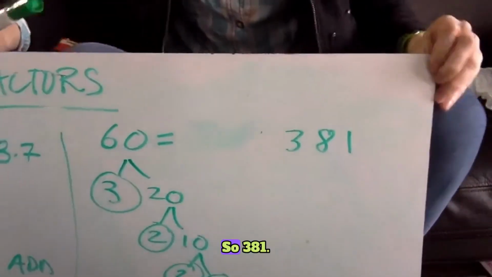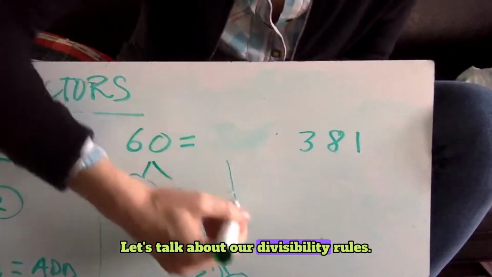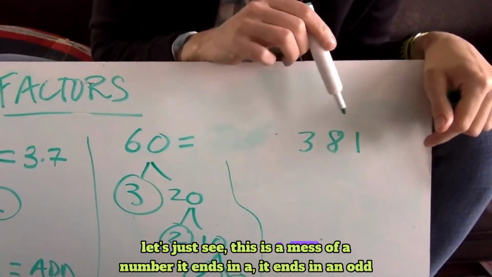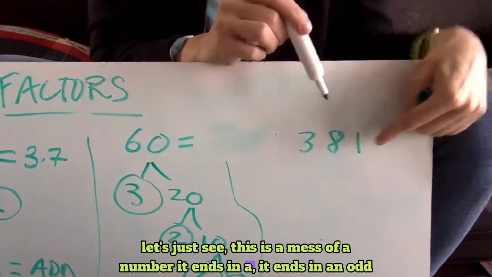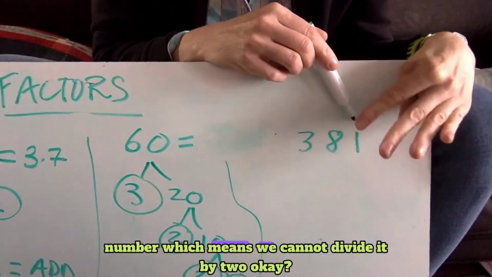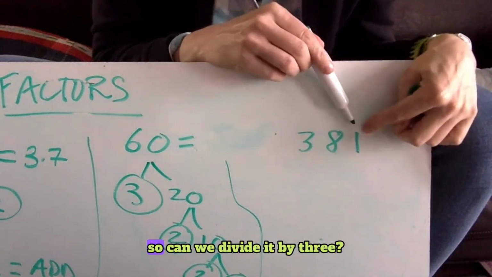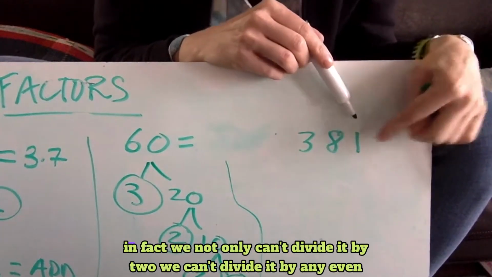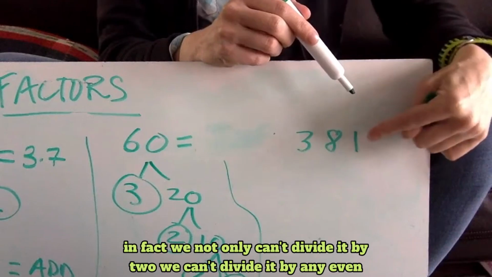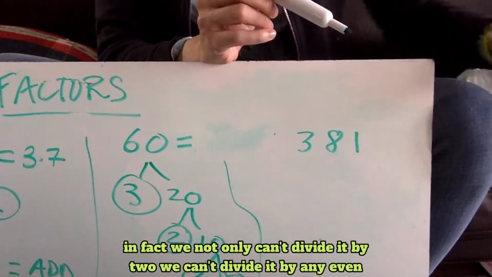Okay. So, 381. Let's talk about our divisibility rules. Let's just see, because this is a mess of a number. It ends in an odd number, which means we cannot divide it by 2. In fact, we can't divide it by any even number.